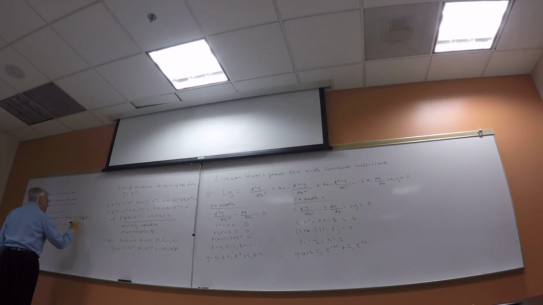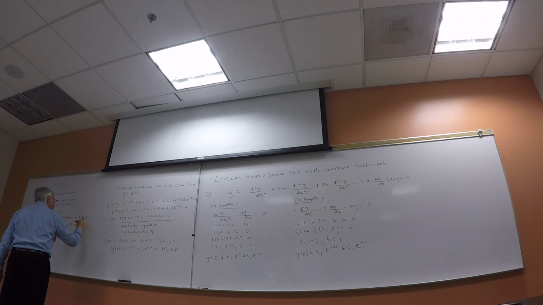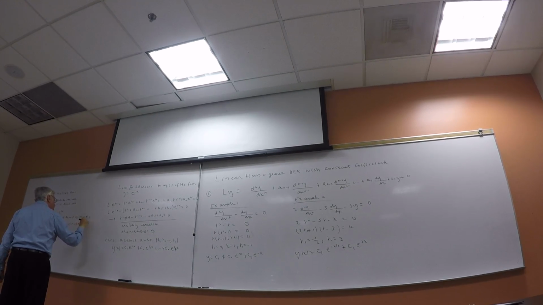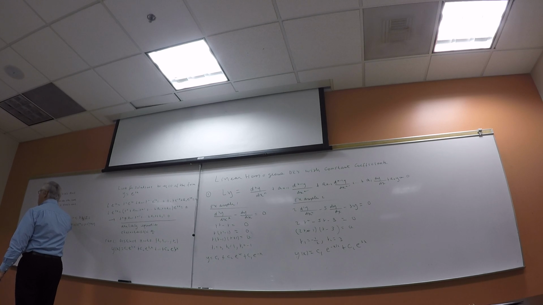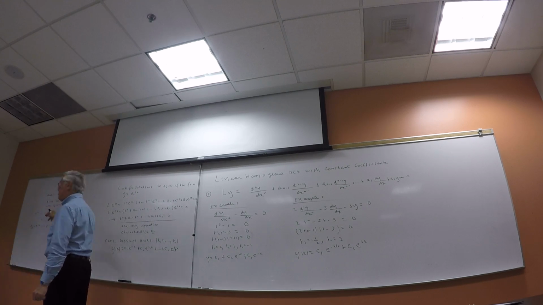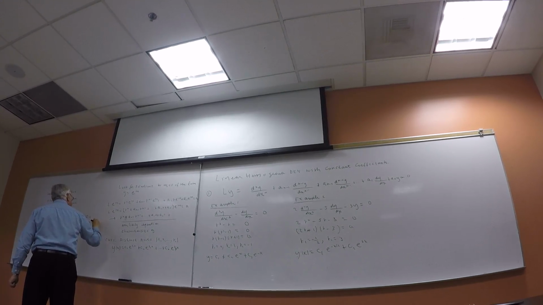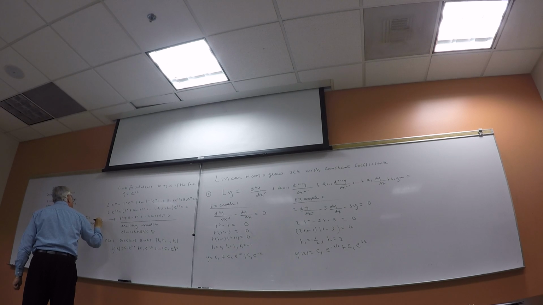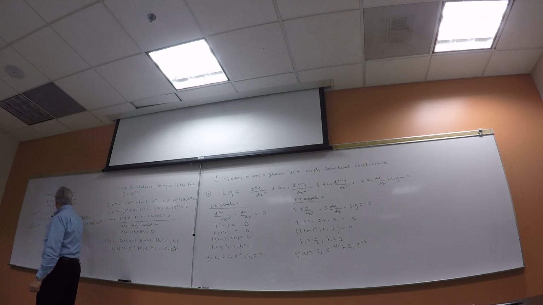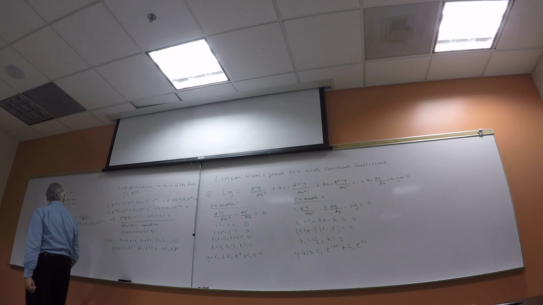This is the key now. When I differentiate the third time, I get (r minus r1) squared, P of r. And let's be careful. What's the derivative with respect to r of e to the rx? It's x e to the rx. If I differentiate e to the rx with respect to x, it will be r e to the rx. With respect to r, it's x e to the rx.